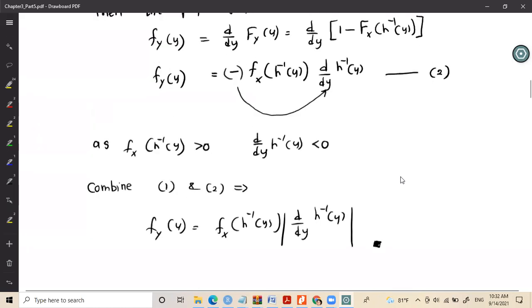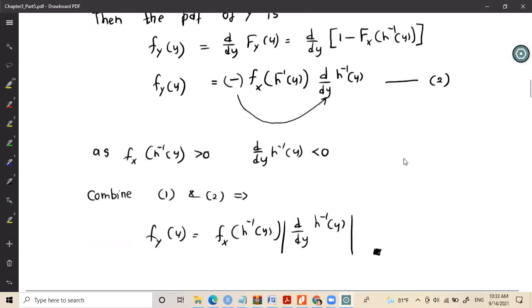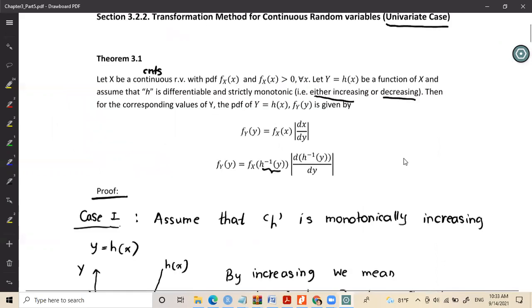Now you may have a problem. What will happen if our function h(x) is both increasing at some place and decreasing at some place? In such a situation, how do you apply this theorem? Because the theorem says it is strictly monotonic, either increasing or decreasing. What if your h(x) is increasing at a certain place and decreasing in a certain interval?